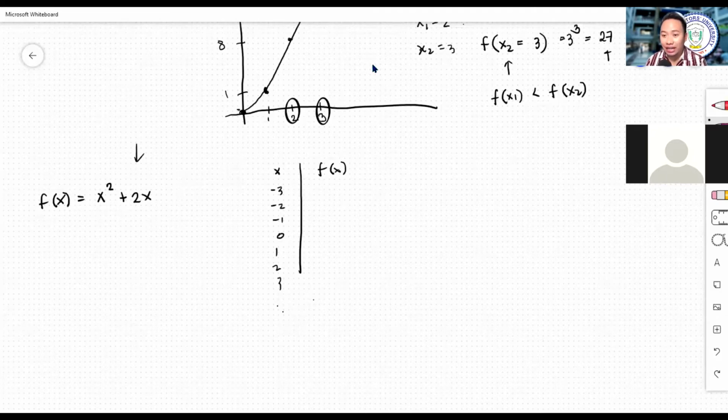After you do everything, you plot the points on the Cartesian plane and connect the points. That's when you can tell that the function is increasing or decreasing, because you would be able to see if it's going up to the right or going down to the right.